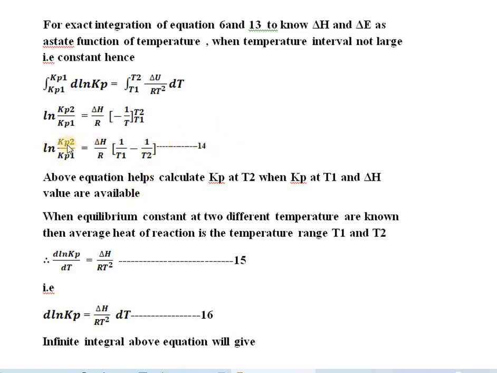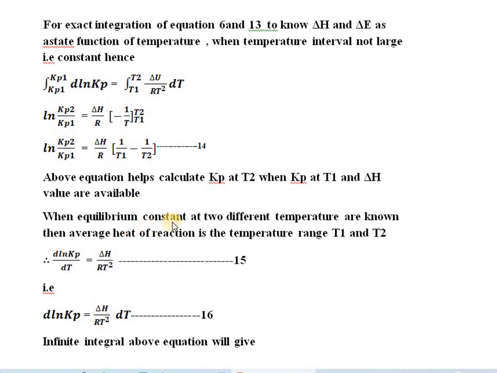This equation 14 can help us calculate the value of Kp at T2 when Kp at T1 and the delta H value are known or available.